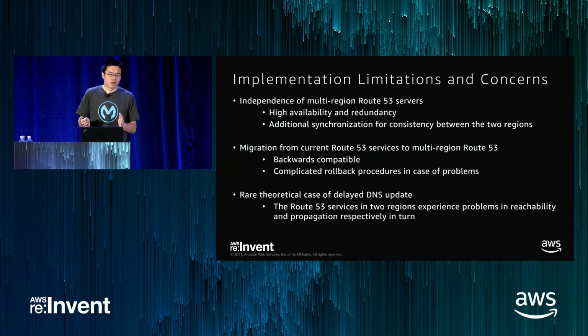There is still a small chance that the DNS update could be delayed if both Route 53 servers are having some issues in reachability and propagation, respectively and alternatively. But it is recoverable by our implementation.